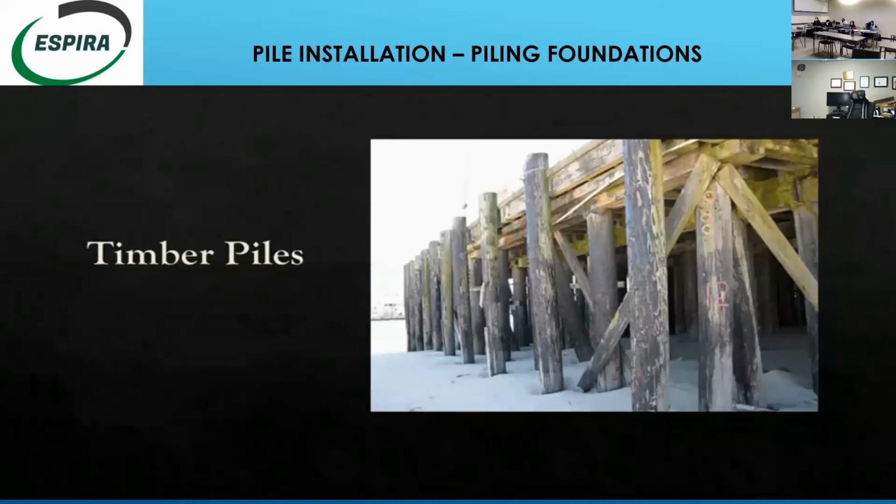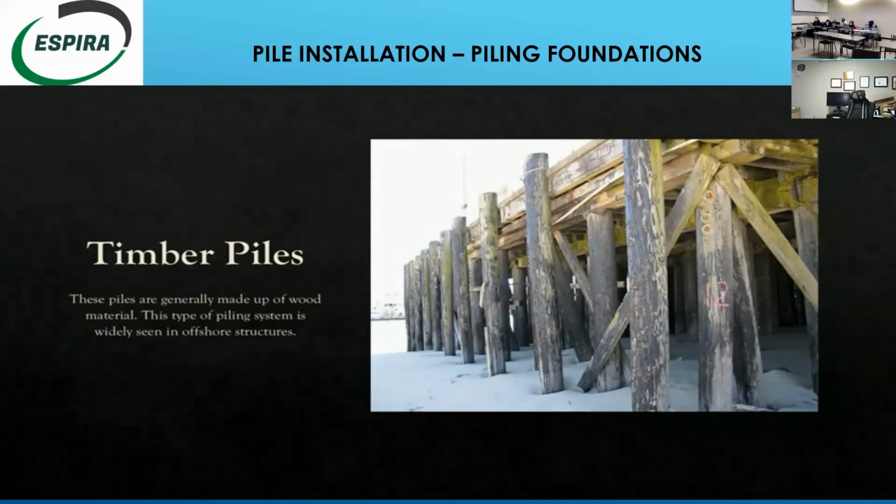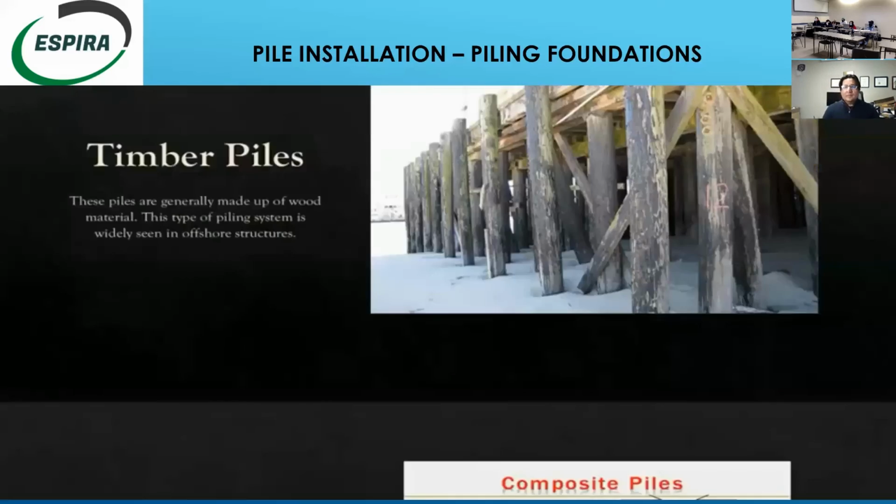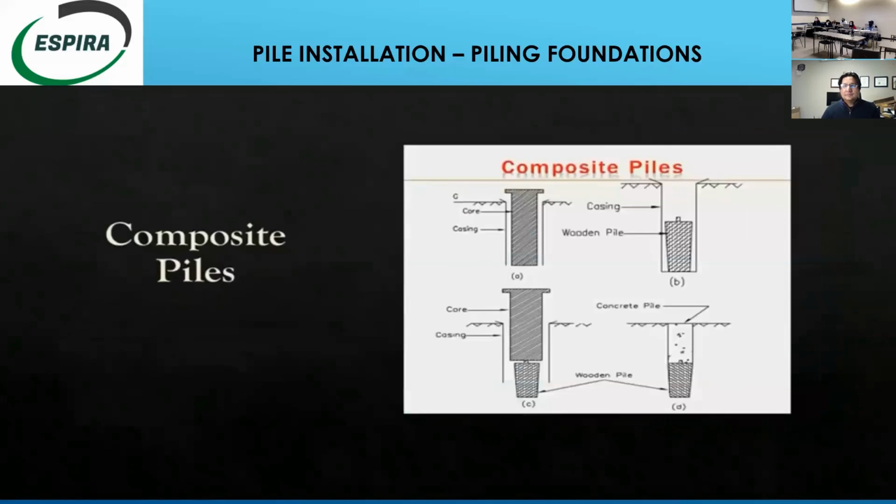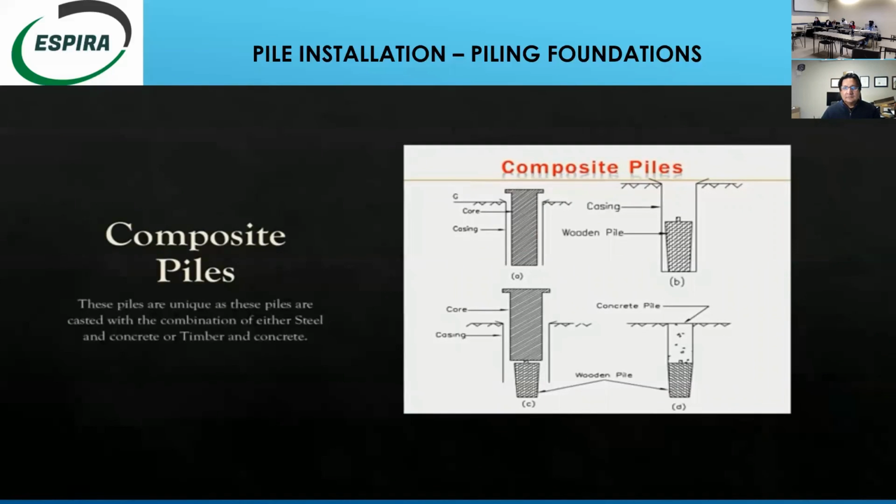These piles are generally made up of wood material. This type of piling system is widely seen in offshore structures. Composite piles. These piles are unique as they are cast with a combination of either steel and concrete or timber and concrete.